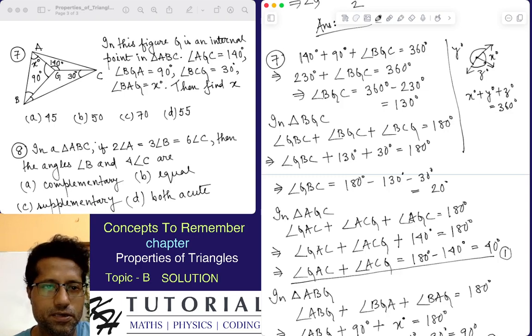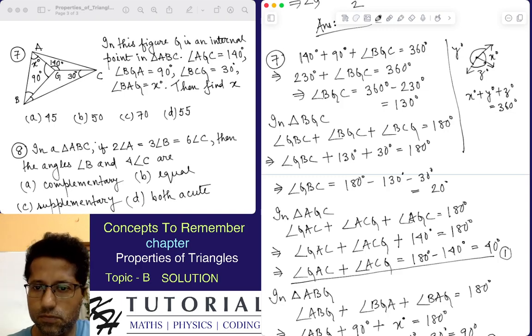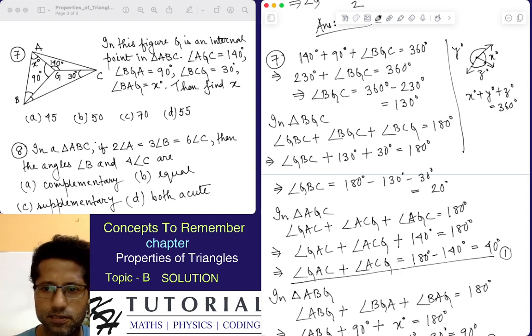Now in triangle BGC, we have angle GBC plus angle BGC plus angle BCG is equal to 180 degree. So we get angle GBC plus 130 plus angle BCG, which is given as 30 degree. So from here we get angle GBC is equal to 180 degree minus 160 degree, which is 20 degree. Angle GBC is 20 degree. Okay.